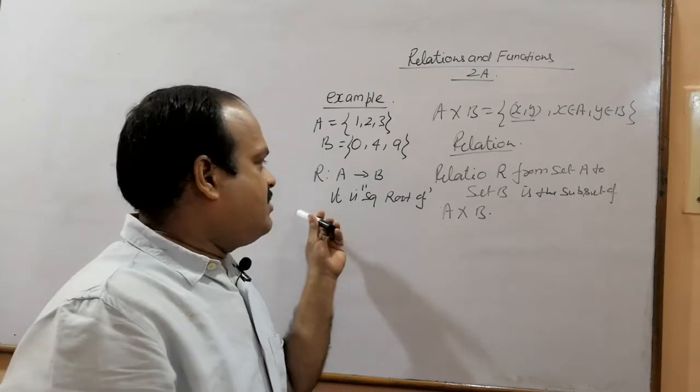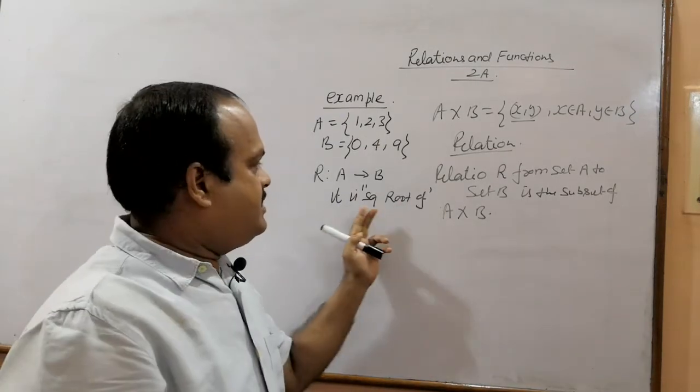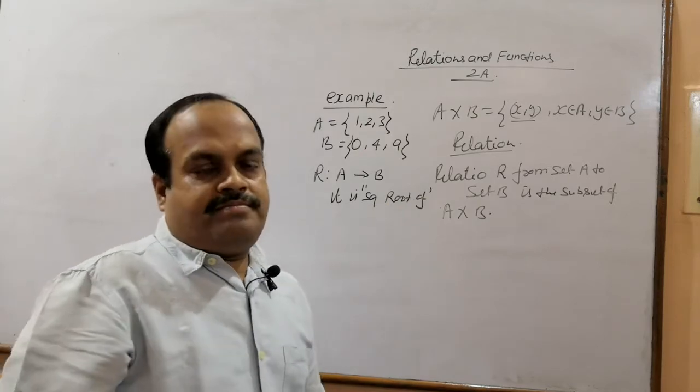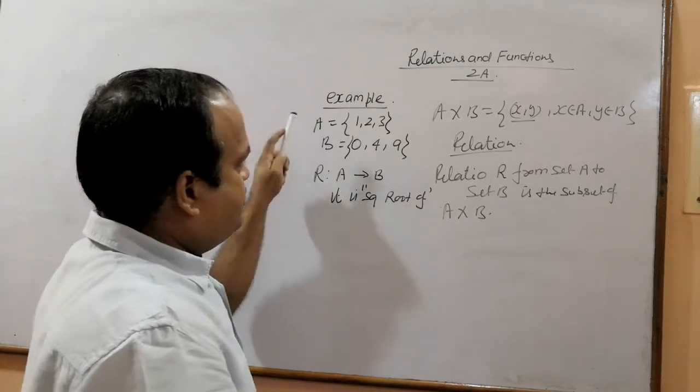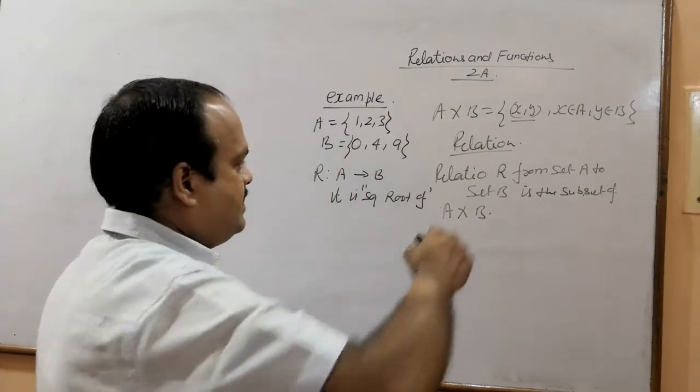The relation we want to define is square root of. So let us first get A cross B.